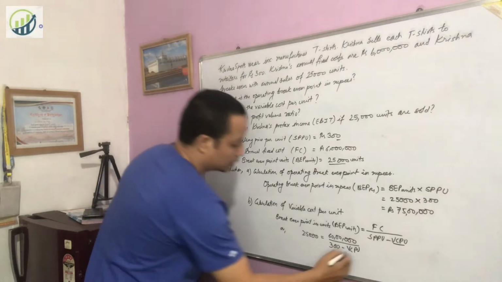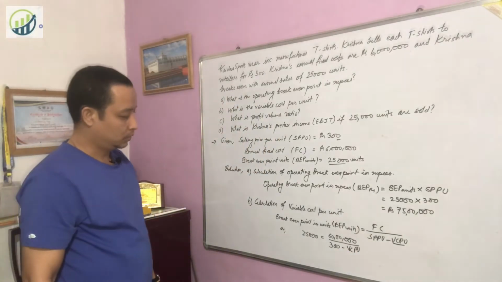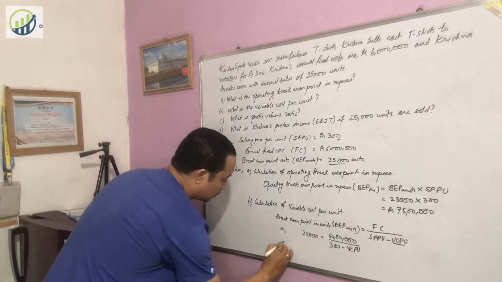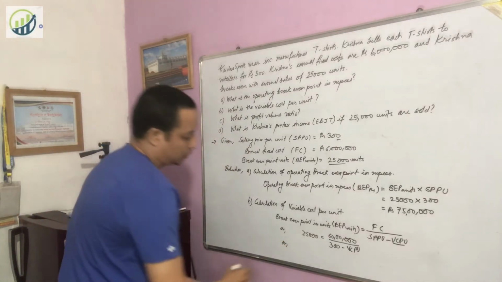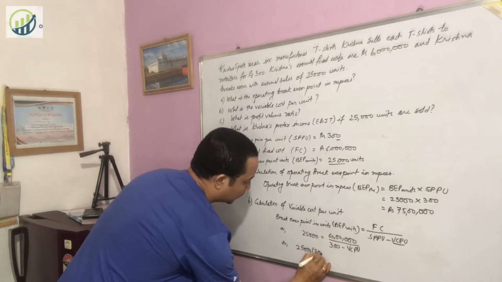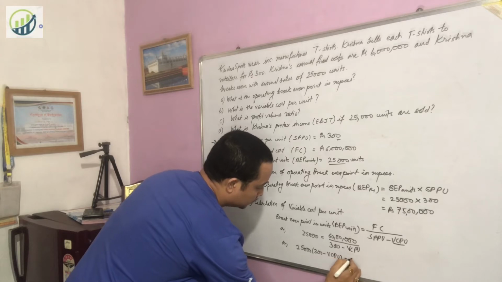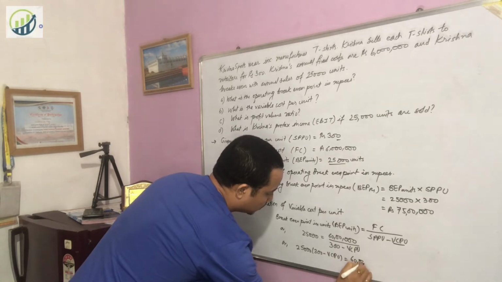Okay, so now let's solve this. You can write 25,000 into 300 minus variable cost per unit equal to 60 lakh.